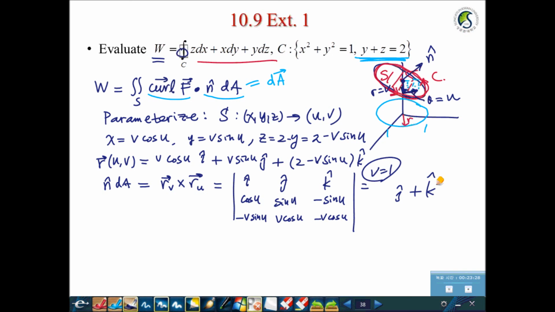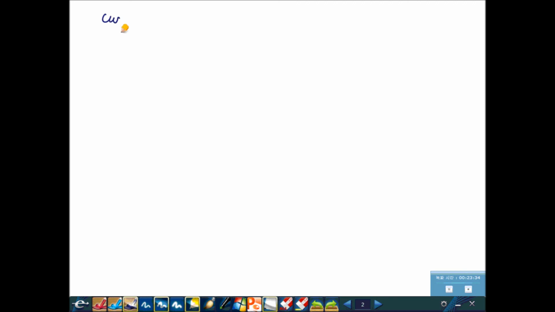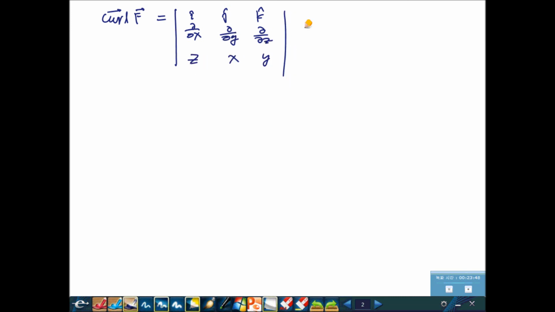And then you have to get the curl of F now, which is i, j, k, d over dx, d over dy, d over dz, and the field components. If you calculate that, it's i plus j plus k.